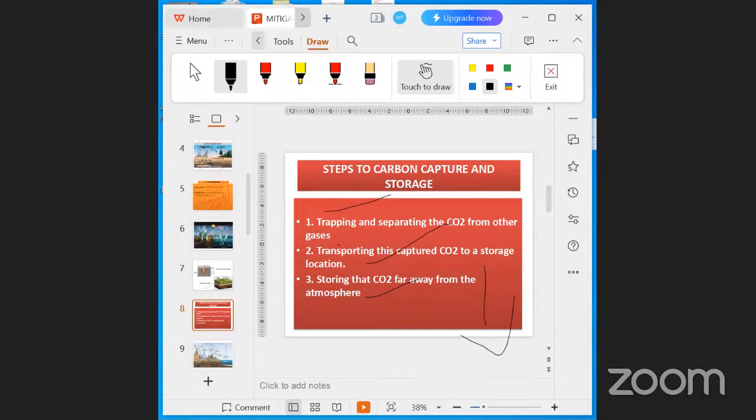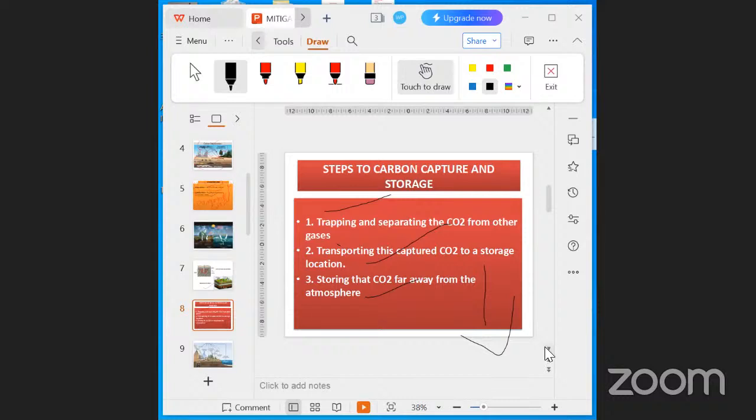You take the carbon from other gases, capture it, and then store it far away from the atmosphere. The carbon is stored either as solid or liquid.